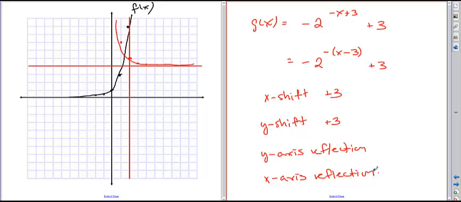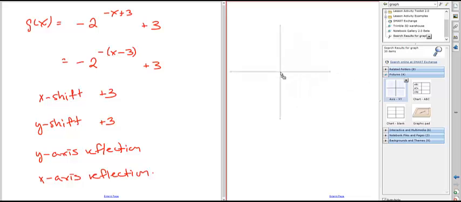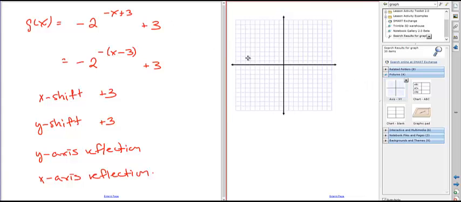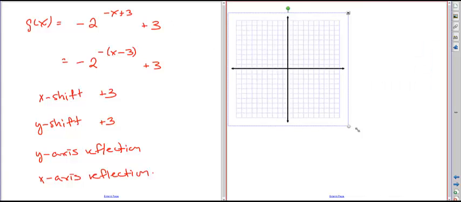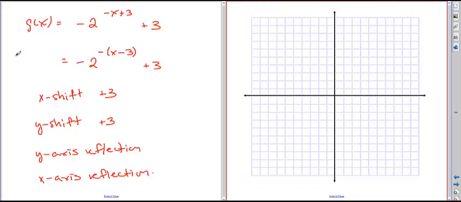Okay, now let's get a piece of graph paper. So our parent function is going to be 2 to the x.